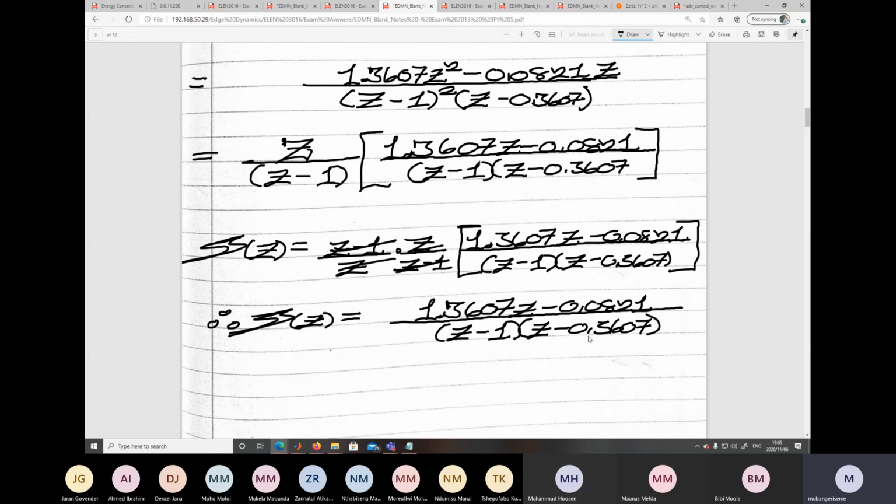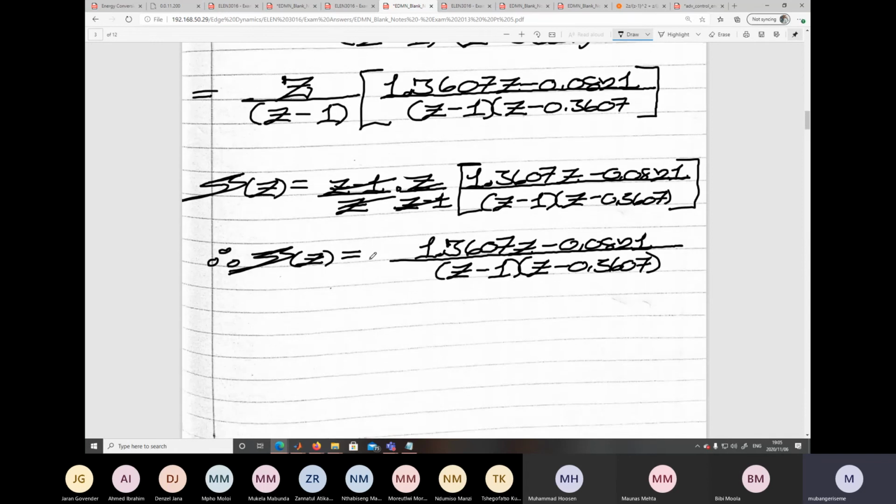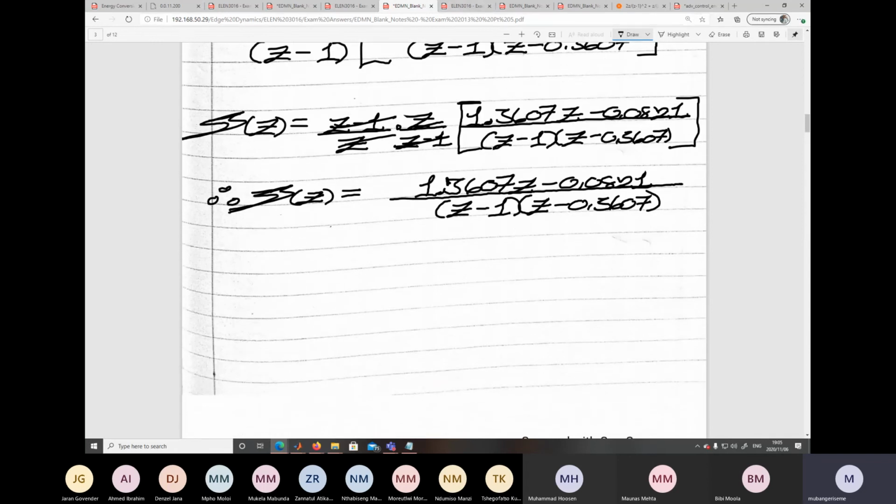Okay, that's 5A. What's next? Design a digital controller using Kalman's optimum response design procedure to yield a closed loop steady state gain of 13.98 dB.